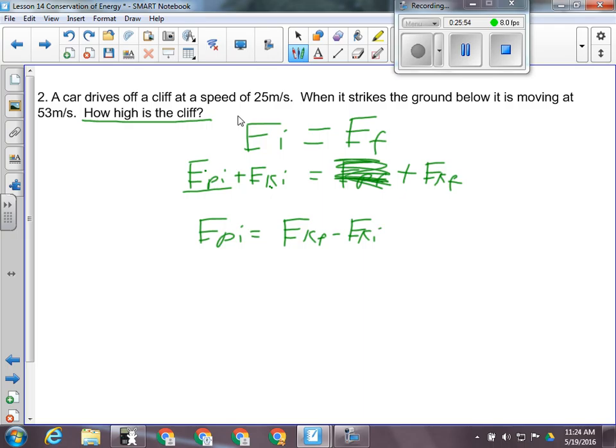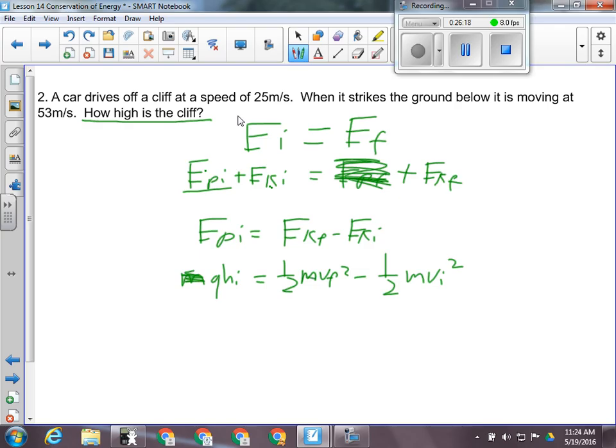Now I can plug in my formulas because that's as far as I can go with just the terms. Now I need the individual variables. So m times g times h initial equals 1/2 m vf squared, so that's my final kinetic, minus my initial kinetic, m vi squared. What's in every term? m.